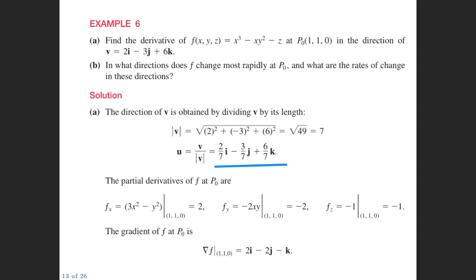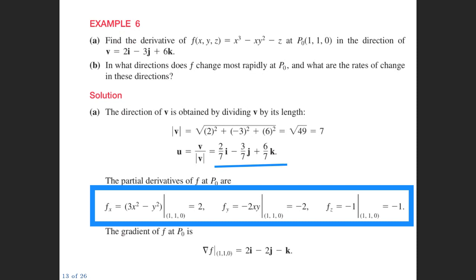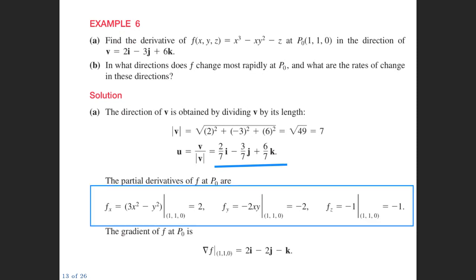We also need the partial derivatives of f at the point p0. So here we go. Fx at the point 1, 1, 0, we can calculate is 2. Fy at the point 1, 1, 0 is minus 2. And Fz at the point 1, 1, 0 is minus 1.